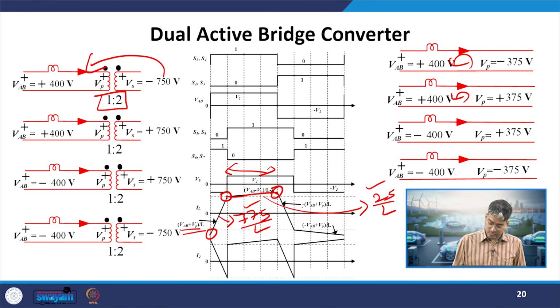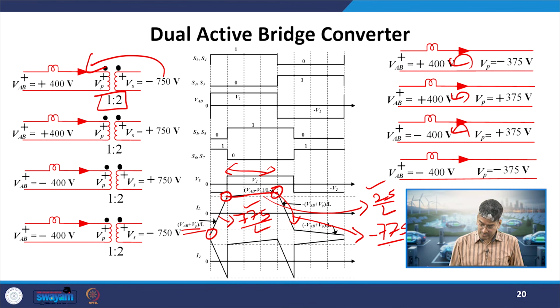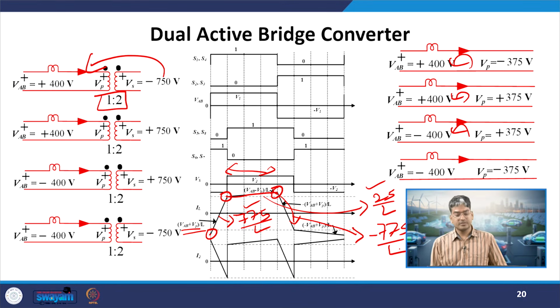Similarly, when I go into mode 3, I will observe that it will be experiencing the same magnitude of voltage, that is 775, but in the opposite direction. So, the current will decrease and reach an intermediate value; it will not go to the maximum negative value as in the previous case.